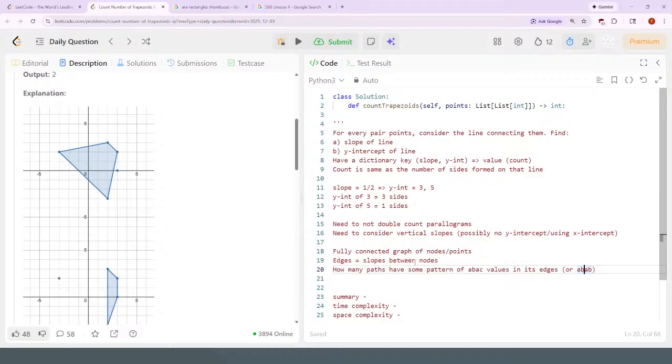Any trapezoid, or any quadrilateral, is going to be cyclic. Most of the graphs that I deal with are going to be non-cyclic, graphs based on previous kinds of problems.